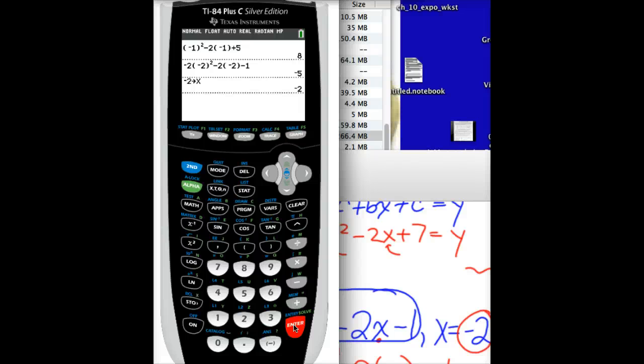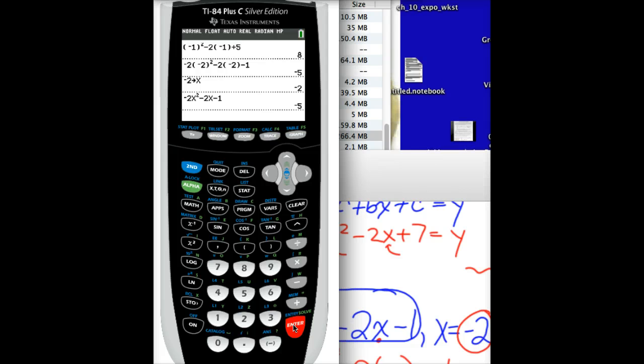So watch. Now I can go negative 2x squared minus 2x minus 1, and my calculator has stored a negative 2 in x, so when I hit enter, I'll get that negative 5 again.